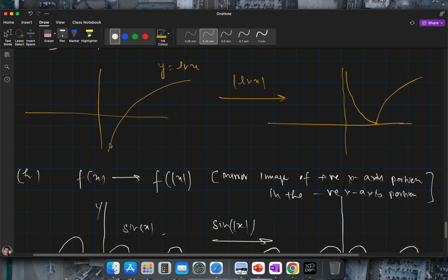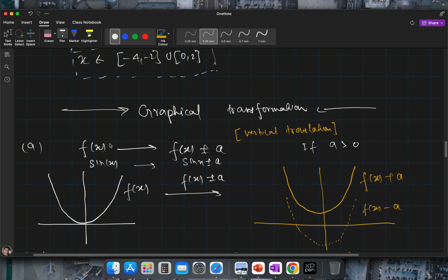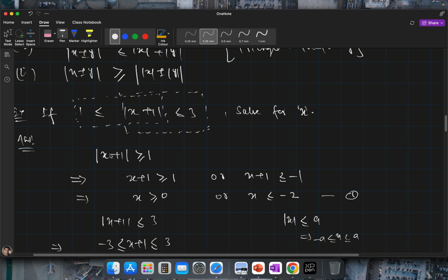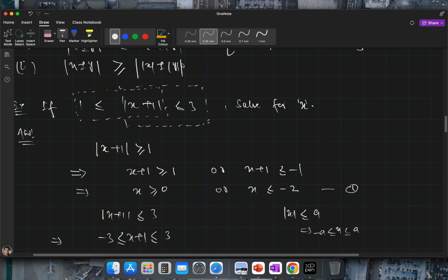Now take this transformation as an advantage to solve this problem. This one. Let's solve this. How can we solve this one? What I know is this is the graph of mod x.